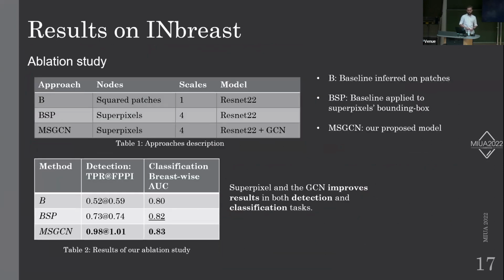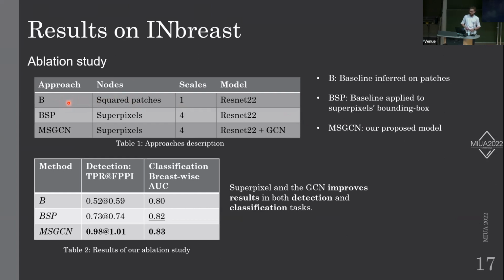So first we did an ablation of our model. We compare the results in terms of global and region-wise classification for the baseline. We also fed to the baseline our superpixels extracted from multiple scales. And finally, we compare with our final MS GCN, which is fed with graphs.